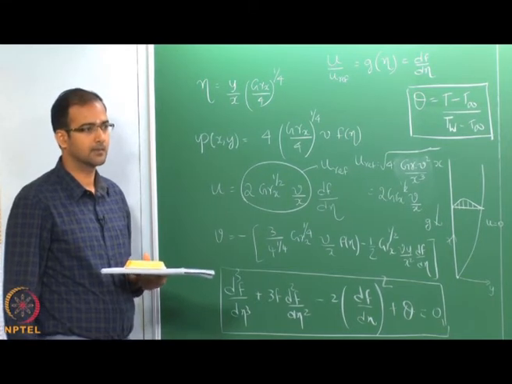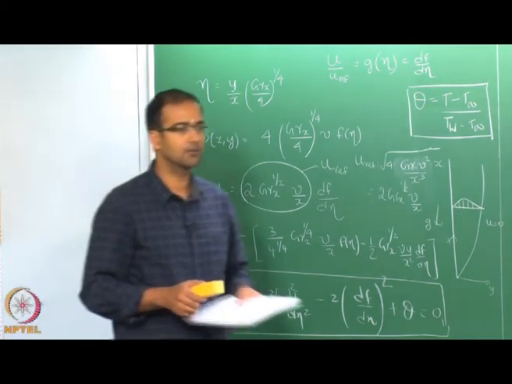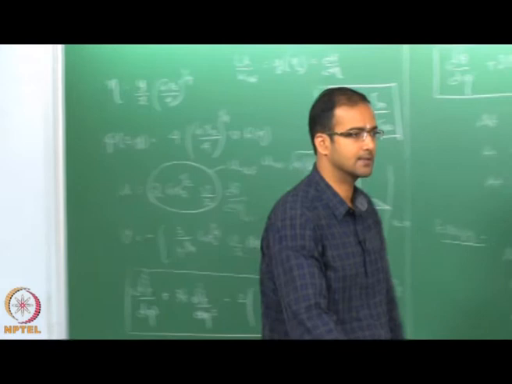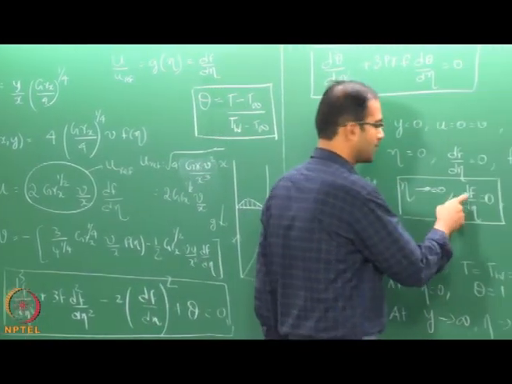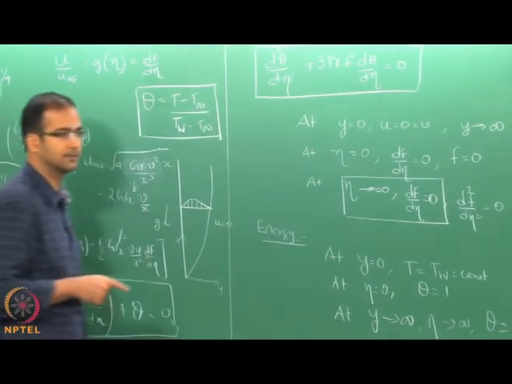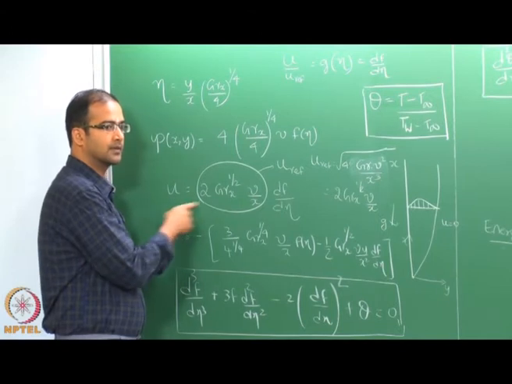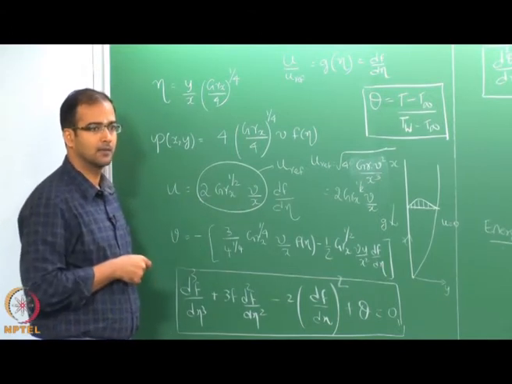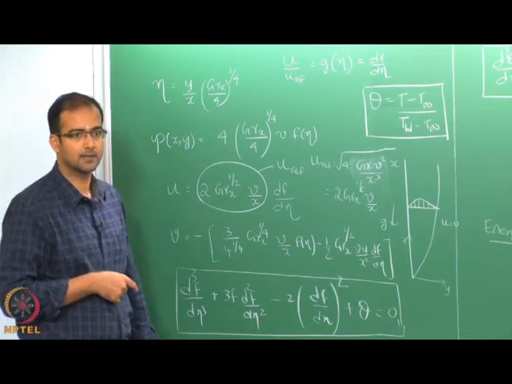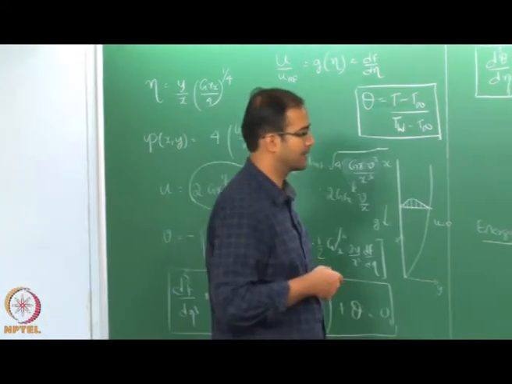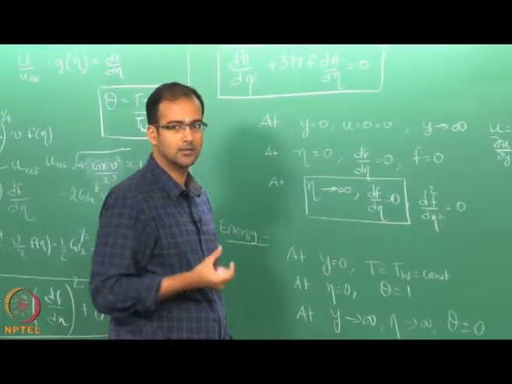Since here you do not have any u infinity, you introduce a reference velocity and this is the reference. So, in the original Blasius case, as eta going to infinity, df by d eta was 1. So, u by u infinity, u is equal to u infinity. Therefore, df by d eta was 1, but here we cannot say u approaches u reference, it is u is 0. So, therefore, df by d eta is 0 here. So, this is the difference also in the boundary condition.